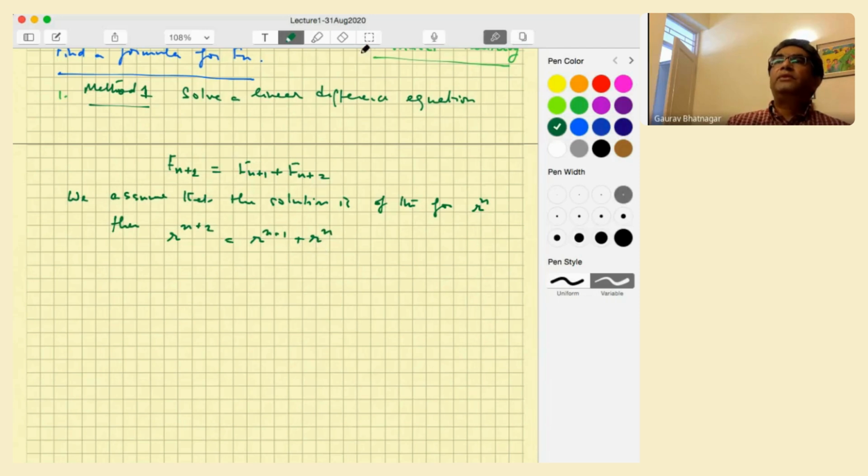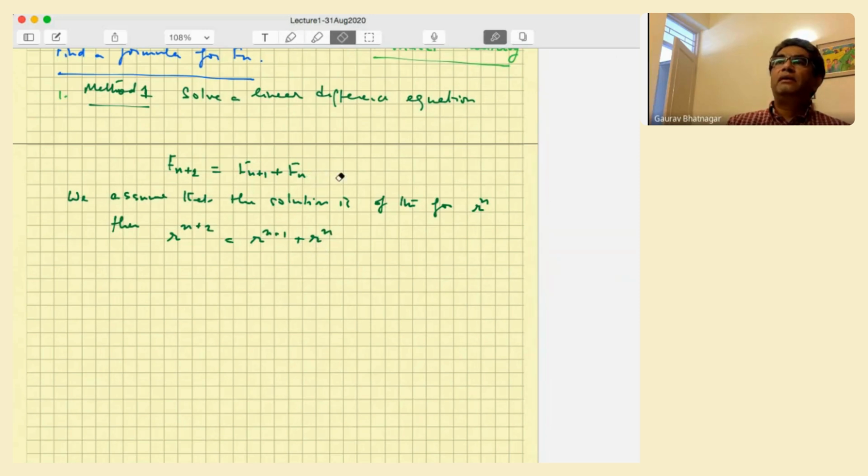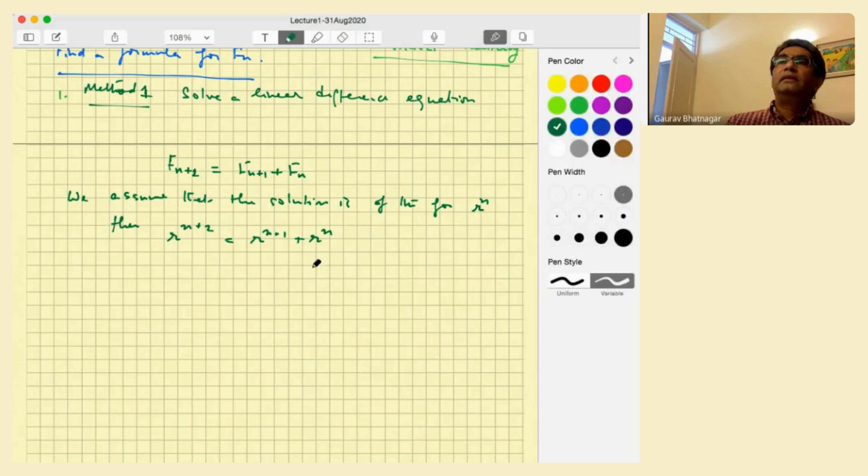Now I've written something wrong here. This means that R to the n times (R squared minus R minus 1) is equal to 0. So there is a solution if R squared minus R minus 1 is 0.